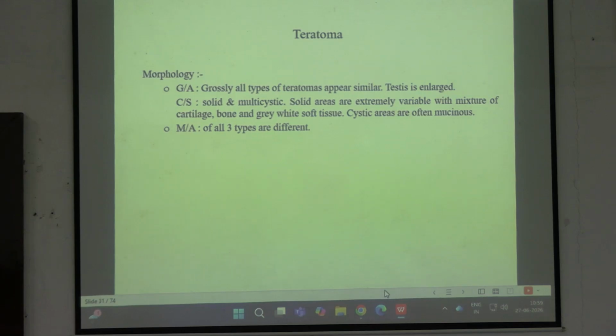Depends. The gross will depend on what are the contents of the teratoma. Usually there will be solid and cystic areas. There can be presence of bone, cartilage, hair, and sebum also, depending on the contents of the teratoma.